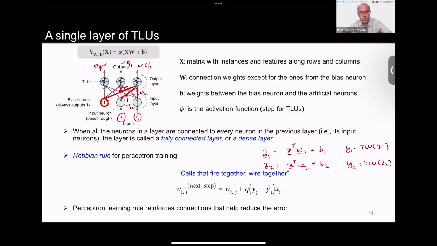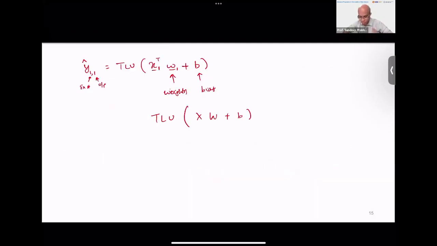Okay. So now let's go back to this more general case where we have n examples. Each example has p features.